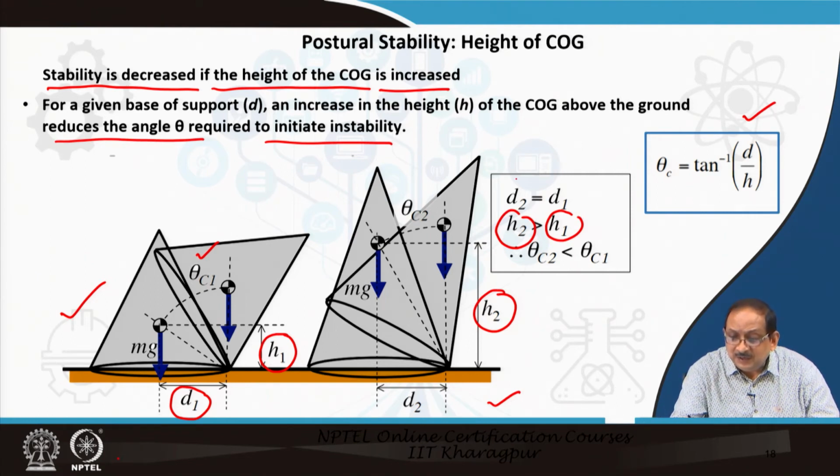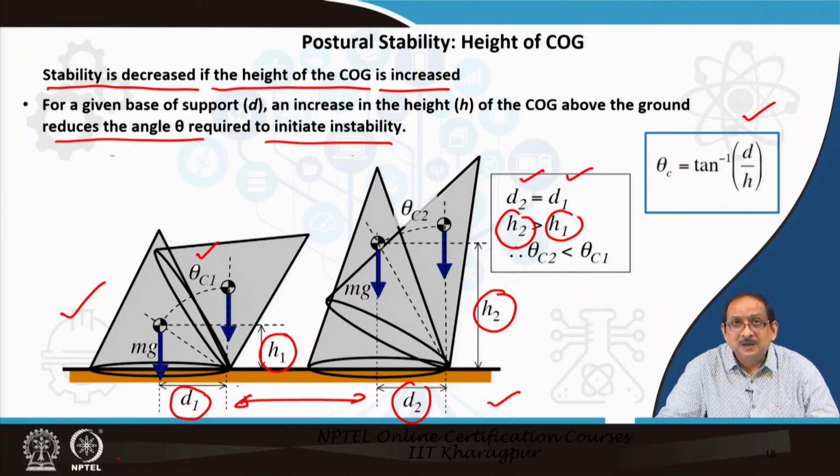So, if d1 and d2 are same, d1 equal to d2 for these two cases, but if h2 is greater than h1, then using the mathematical expression for the critical angle to initiate instability, we can find out that theta C2 will be less than theta C1, because H2 is greater than H1.